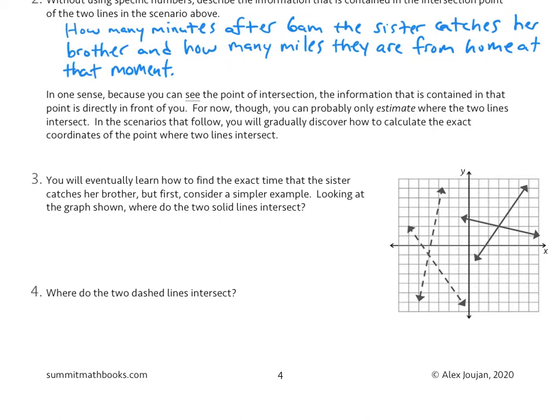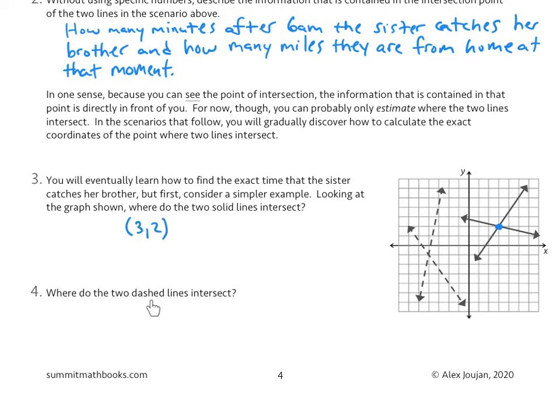Looking at the graph shown, where do the two solid lines intersect? Here's one solid line, here's another solid line. The point where they intersect is right here, and that point is shown by the coordinates 3, 2. So 3, 2 is the point where the lines intersect. 4.